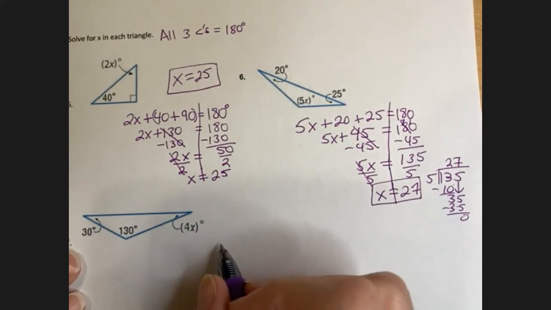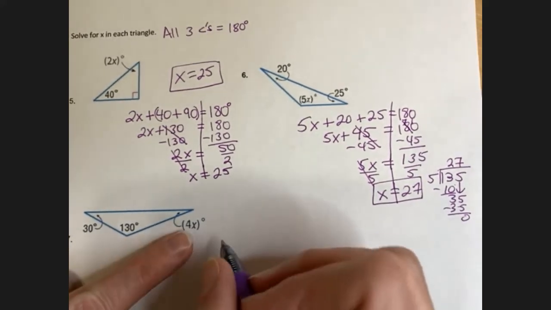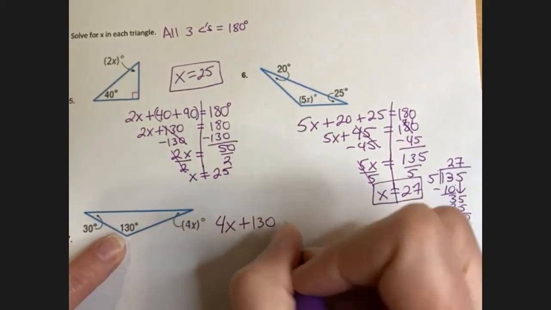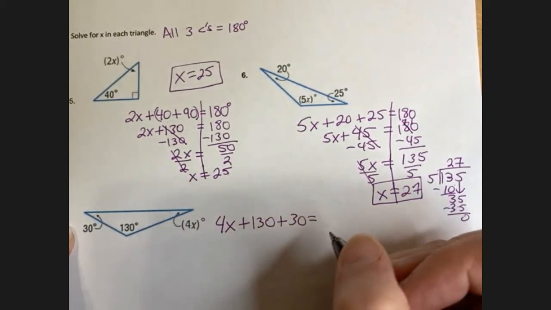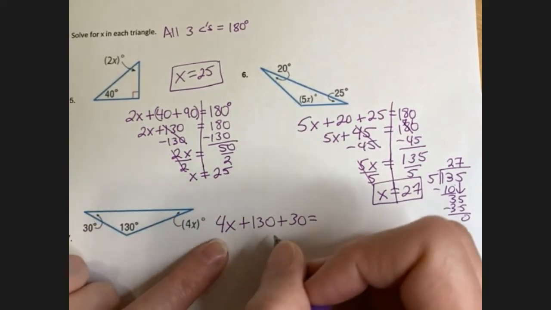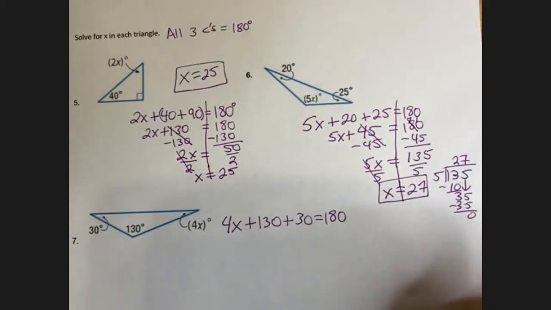Last problem. This one has an obtuse angle. I'm going to start with the x though. 4x plus the 130 plus the 30. And again, it doesn't matter what order you go in. Do 4x plus 30 plus 130 or 130 plus 30 plus 4x. I'm just trying to keep my variable up front. It doesn't matter. That has to equal 180 degrees. So the sum of all 3 angles of a triangle must be 180.